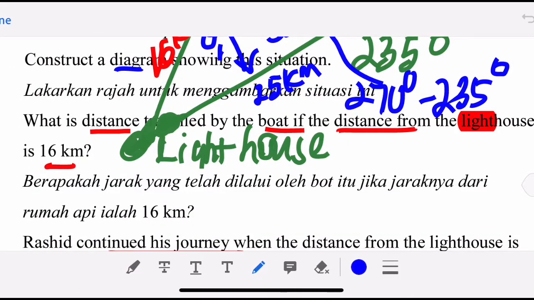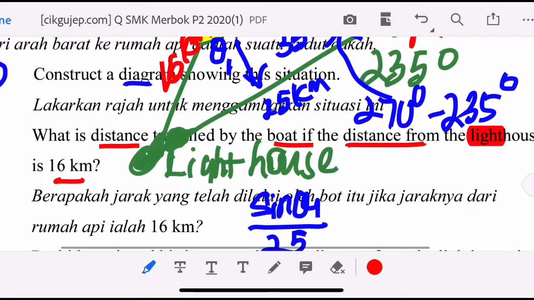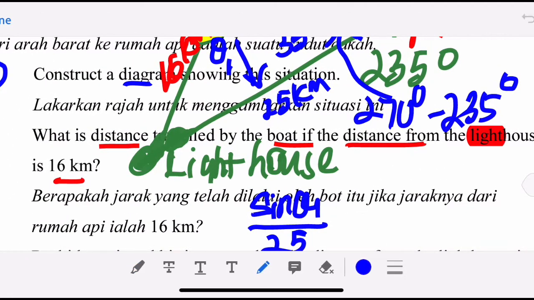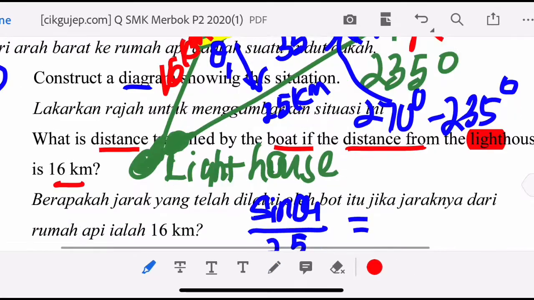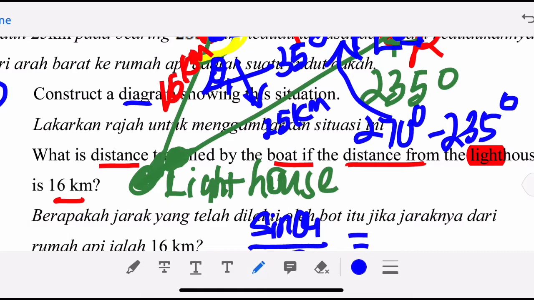Let me find a space to do this. I do it here so that you can see. So sine theta 1 over 25, right? Theta 1 over 25 is equal to sine 35, and 35 is facing 16, right?